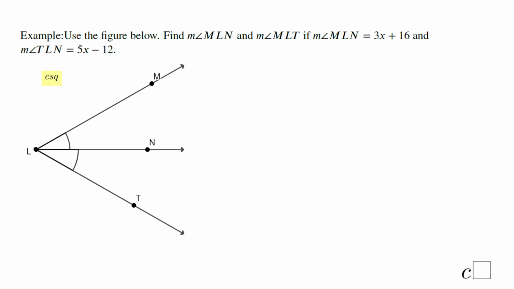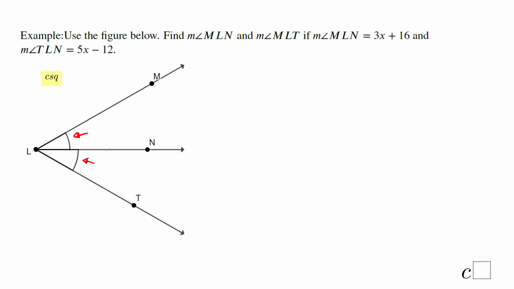We have this figure below, and we need to find the measure of angle MLN, this angle, which you notice is the same as this one, the picture tells us.